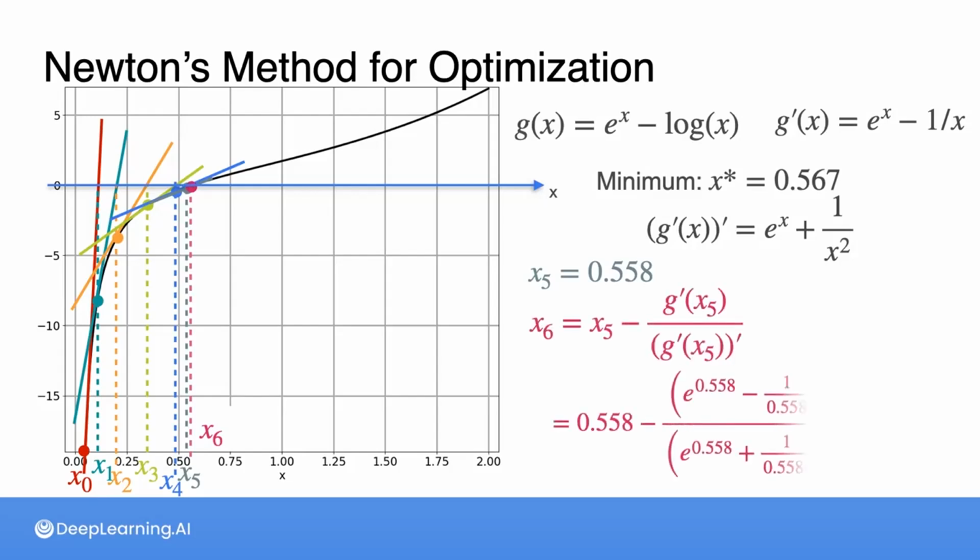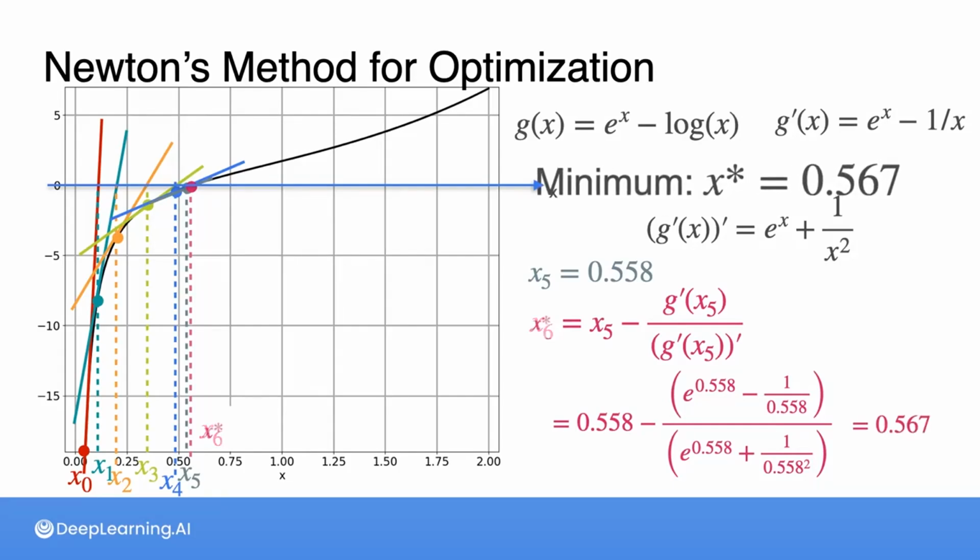And x6 is going to be 0.567. And notice that with only 6 iterations, we actually got really close to the minimum, which is 0.567. Newton's method is actually really fast, and this example shows it. And as you can see, it's just a simple step that we can iterate many times.